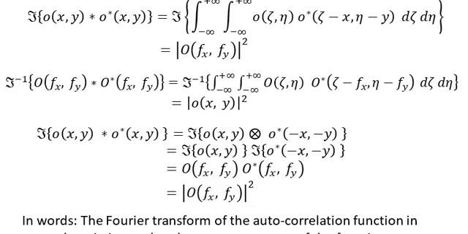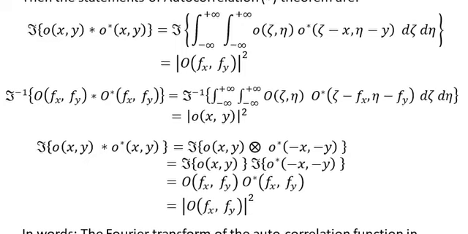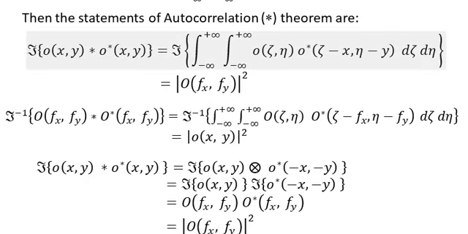Now let's take the inverse Fourier transform. This is another definition of the autocorrelation theorem. So the first definition is that the Fourier transform of the autocorrelation is equal to the absolute square of the spectrum of the object at points fx comma fy.